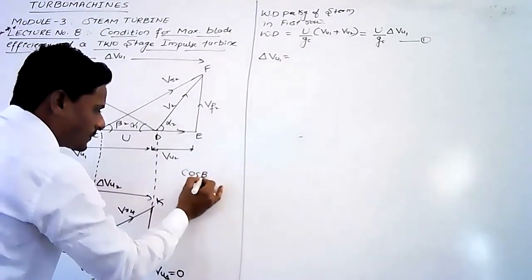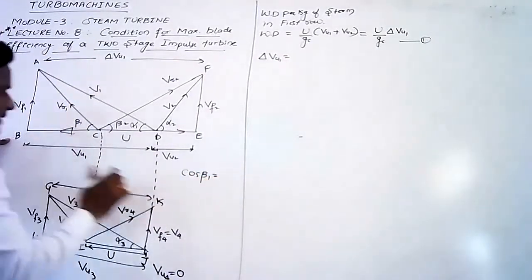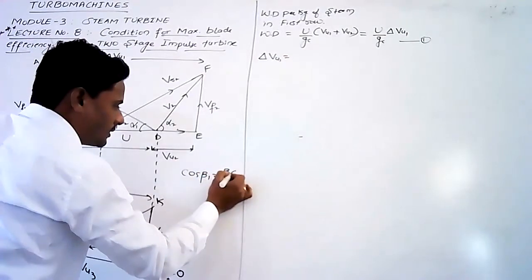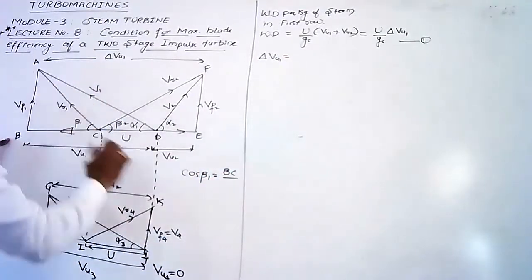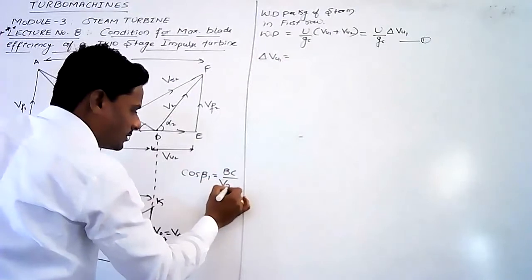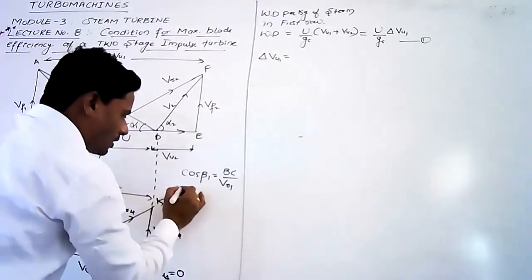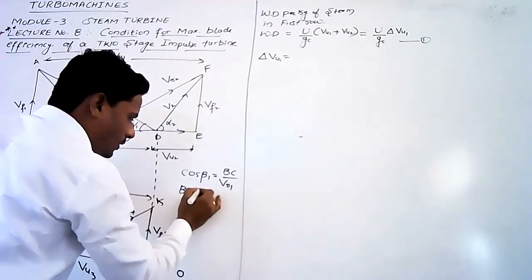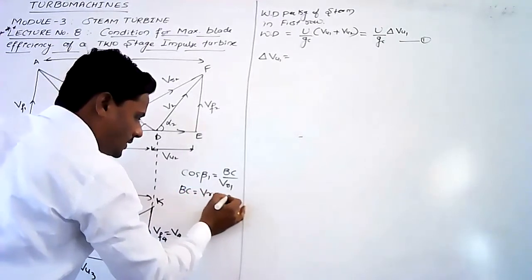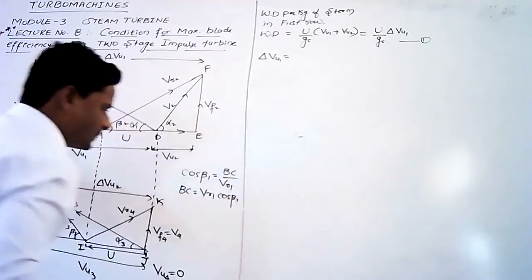Cos beta 1 is equal to base BC divided by the hypotenuse VR1, or BC equals VR1 cos beta 1.